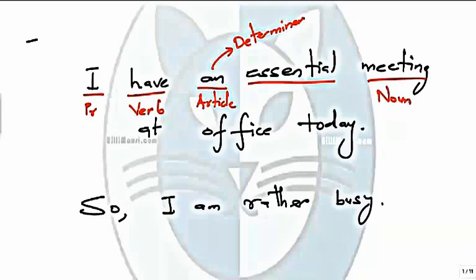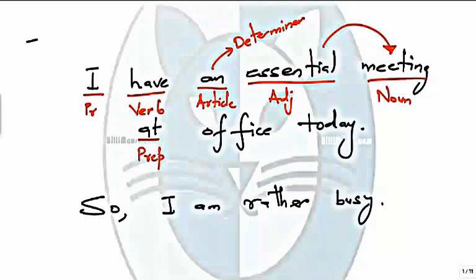I'm pretty sure most of you must have got it correctly. And essential is the word which is modifying meeting, so it must be an adjective because it is modifying a noun. At again is a preposition. Very well. Office is undoubtedly a noun. But what about today?